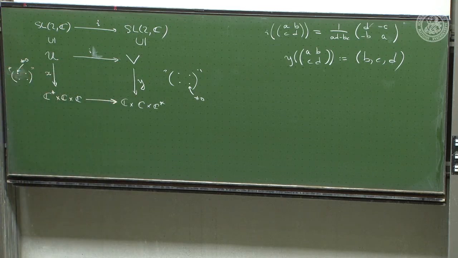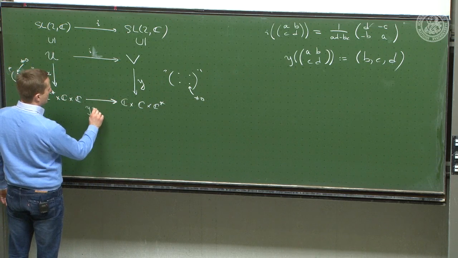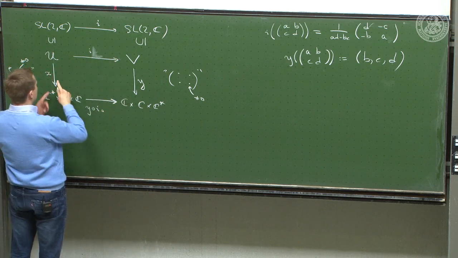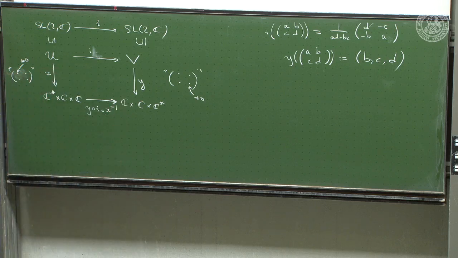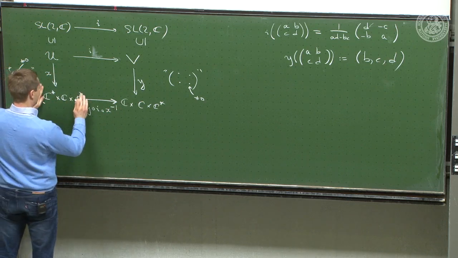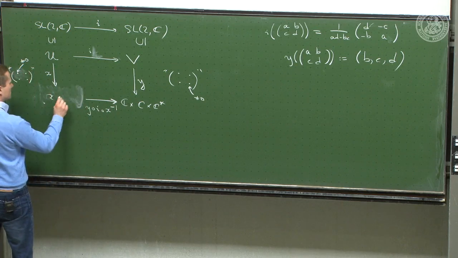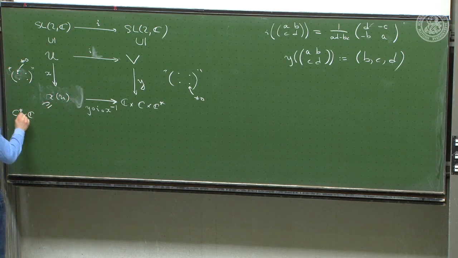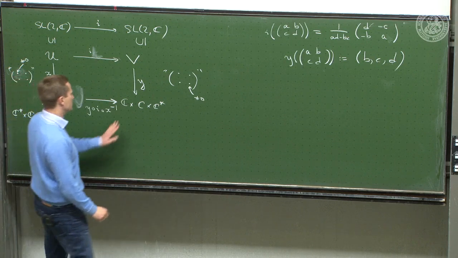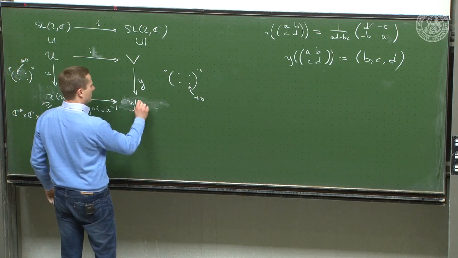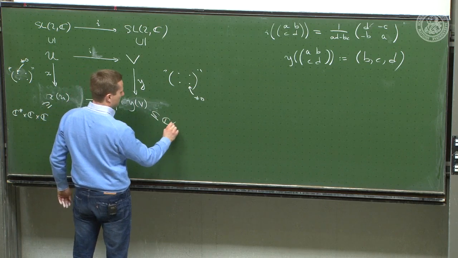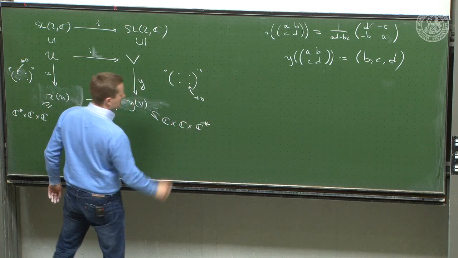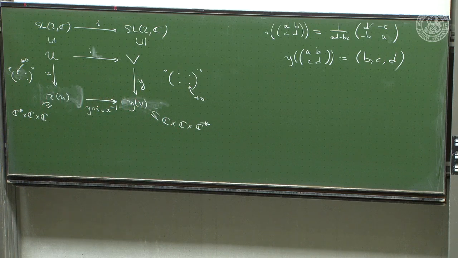Now I can construct this map, and that is Y after I after X inverse. Okay. Well, strictly speaking, this of course only goes to the image X of U, which by construction lies in C star cross C cross C. And this goes to Y of V, and that is just part of C, C, C star. That's the situation, right?